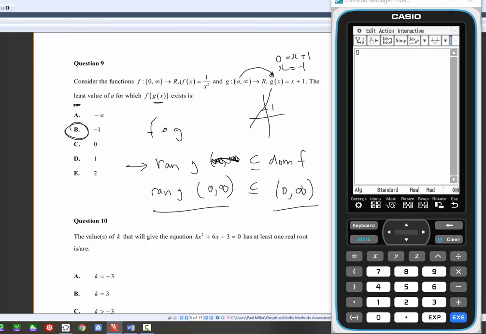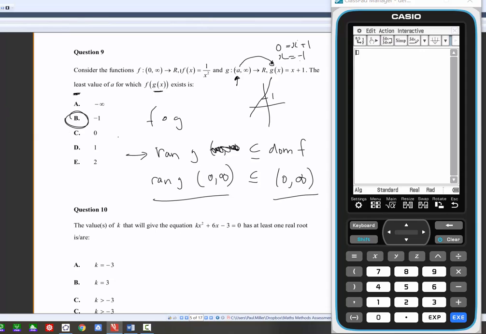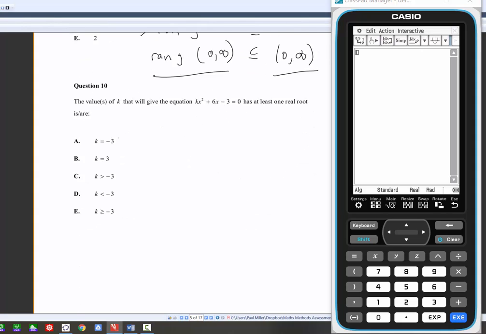In this case, it's the least value. So we want it to fit in with as large a domain as possible. So I need to work out for what value of this, I need to make a 0. So 0 equals x plus 1. Yeah, tricky one, that one. See if you can work that out and redo that question yourself.